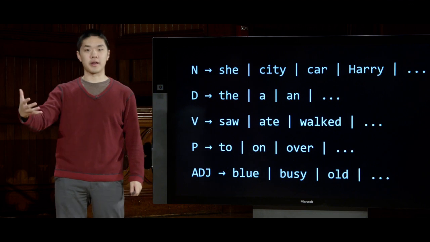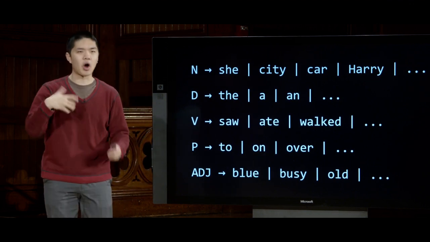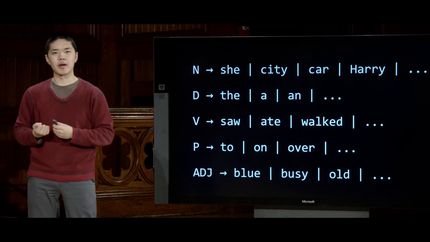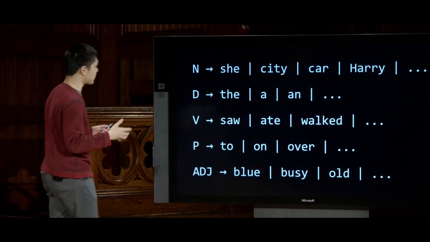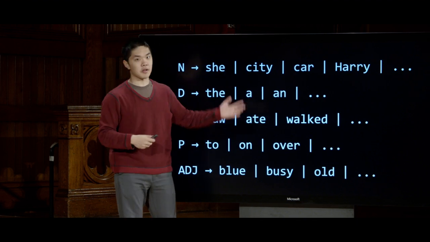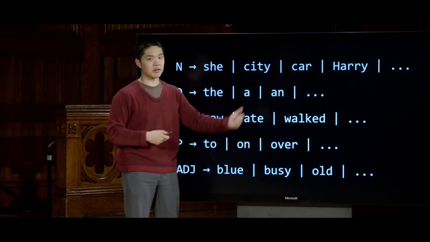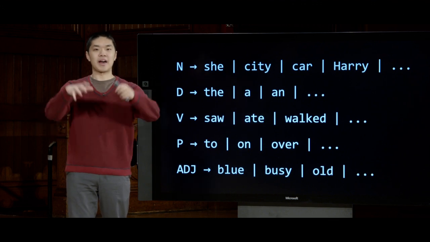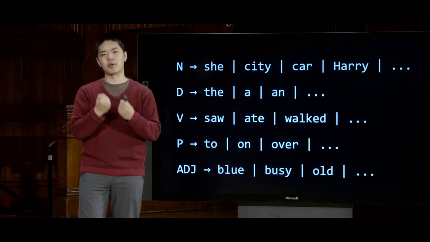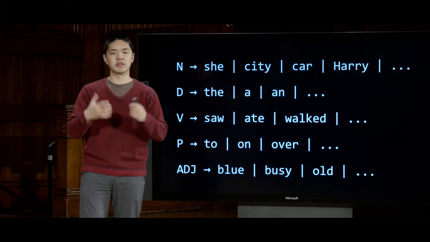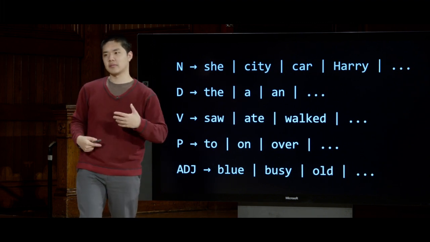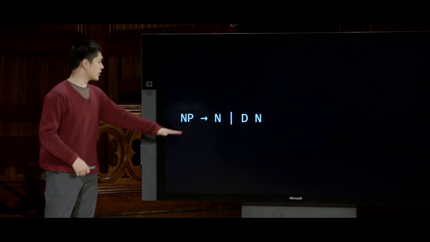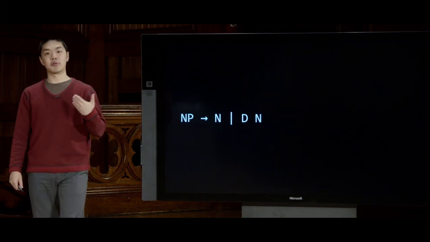Like the city is two words that together operate as what we might call a noun phrase. It's multiple words, but they're together operating as a noun. Or if you think about a more complex expression like the big city, three words, all operating as a single noun. Or the car on the street, multiple words now, but that entire set of words operates kind of like a noun. It substitutes as a noun phrase. And so to do this, we'll introduce the notion of a new non-terminal symbol called NP, which will stand for noun phrase.